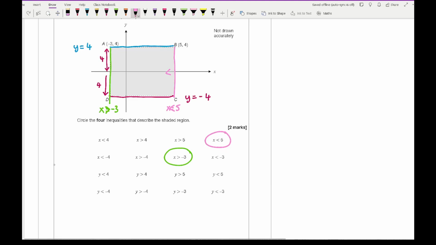Then looking at the two y graphs, this is below, so I'm looking for y is below positive 4, which is this option here. And then for the claret colour, the maroon red one, we're looking for above the line, so we're looking for y is greater than minus 4, which is that option there.